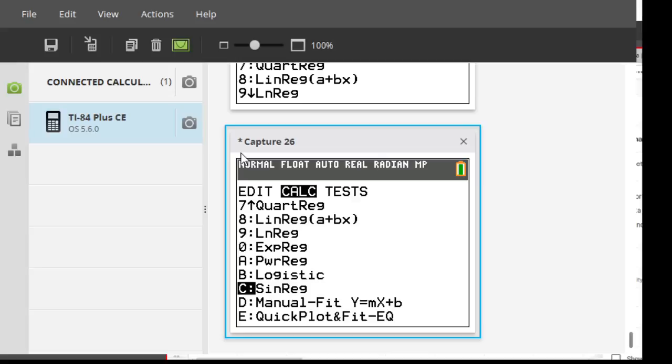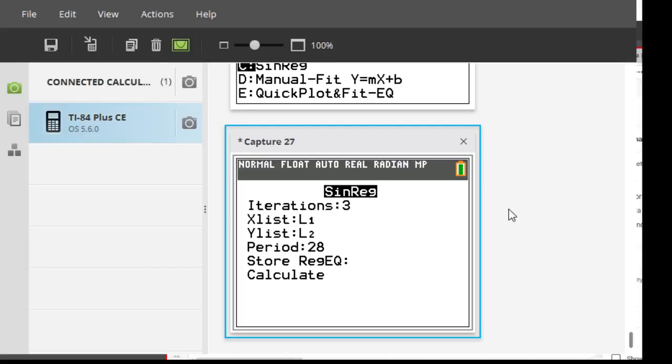Here we have to estimate our period. And our period here seems to fluctuate a little bit. It appears to be about 28 days, which is consistent with what we'd expect just from our understanding of astronomy.